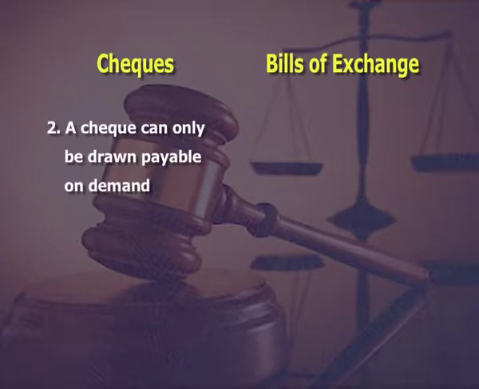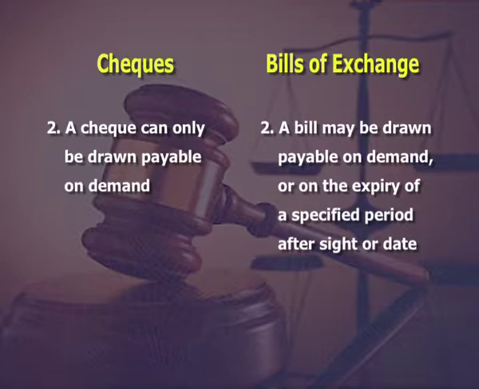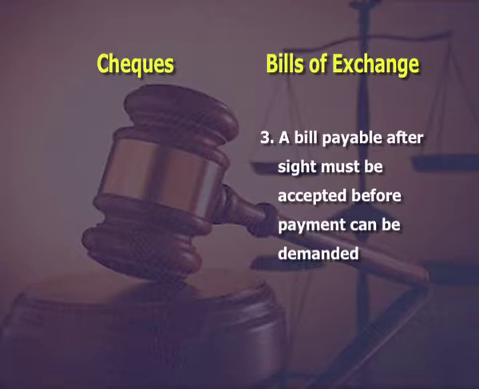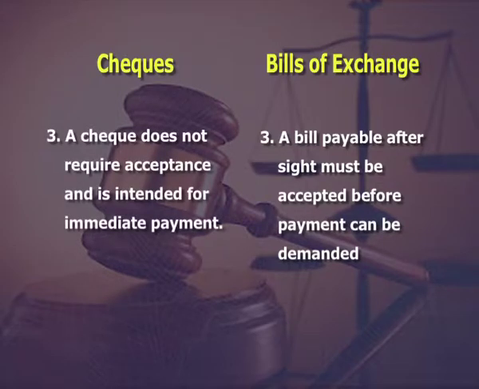Second, a check can only be drawn payable on demand. A bill may be drawn payable on demand or on the expiry of a specified period after sight or date. Third, a bill payable after sight must be accepted before payment can be demanded. A check does not require acceptance and is intended for immediate payment.